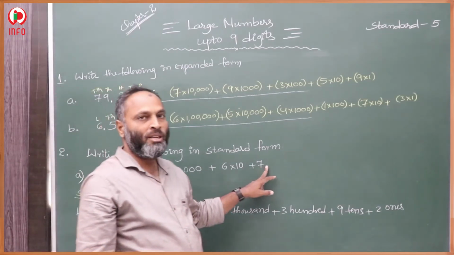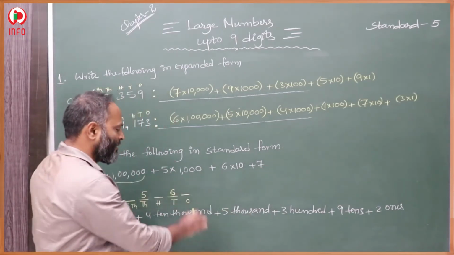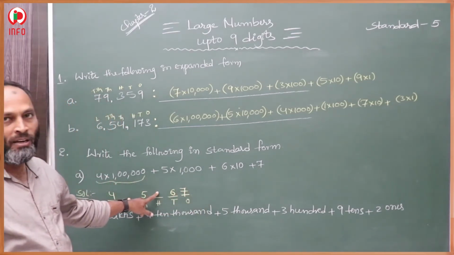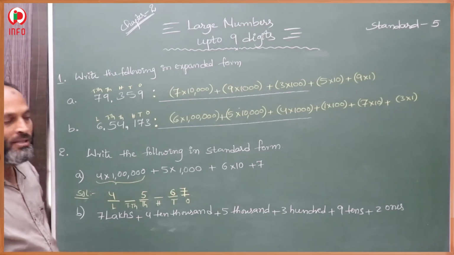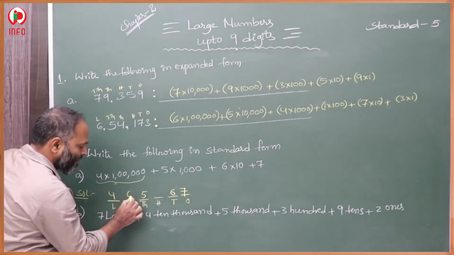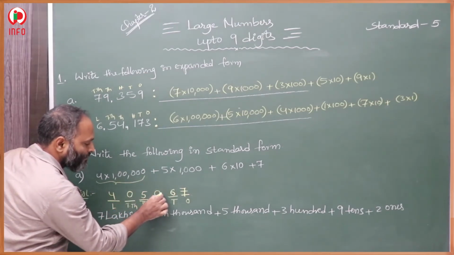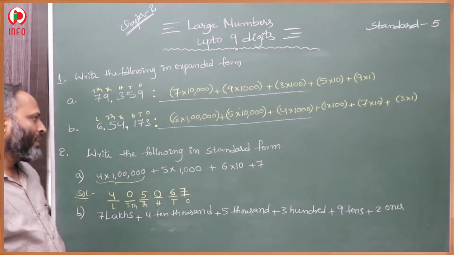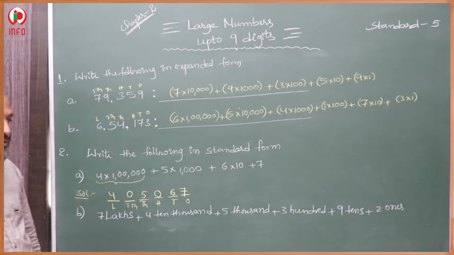For 7, nothing is there, which means 7 is in the ones place. The remaining place values are not given, so we keep zeros there. This is our answer. This is standard form.